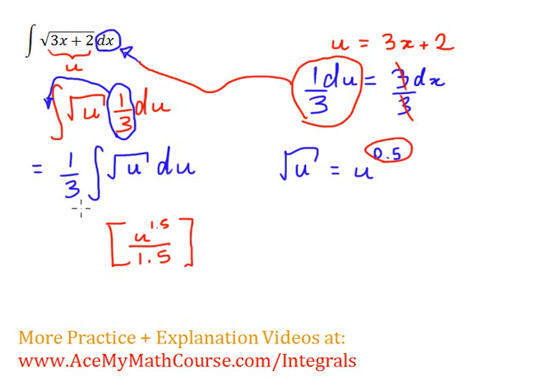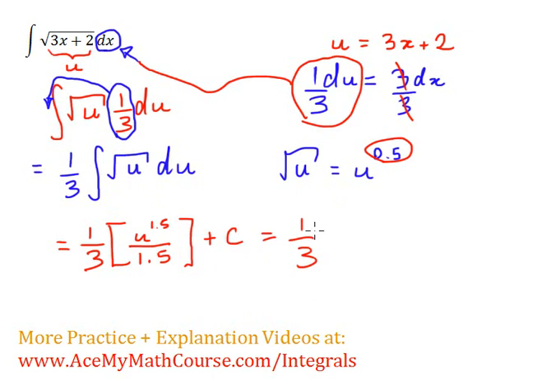And we're still multiplying everything by 1/3, and we're adding a constant. We do this with every indefinite integral. So if we don't see little numbers here, which would make this a definite integral, we're going to add a c at the end. Okay, so let's keep going.